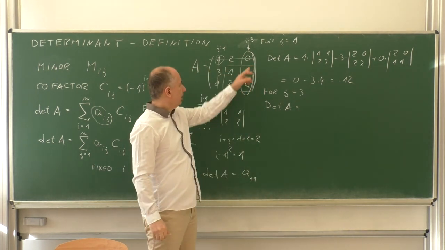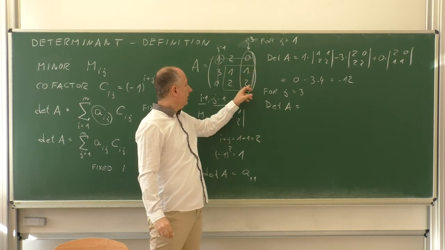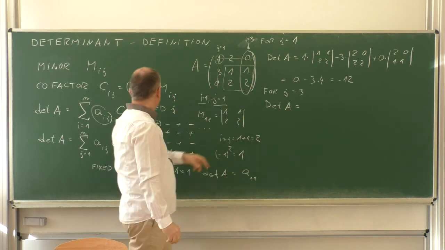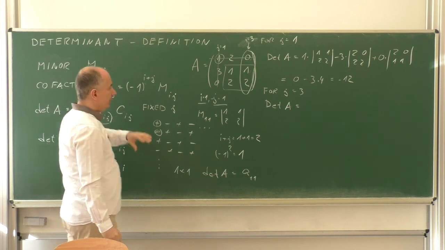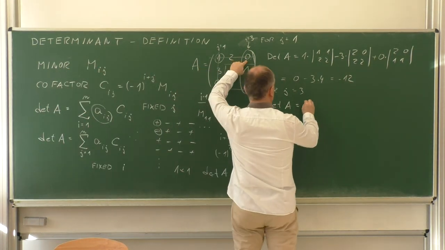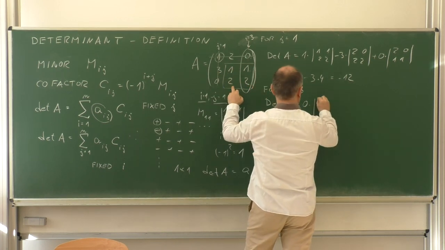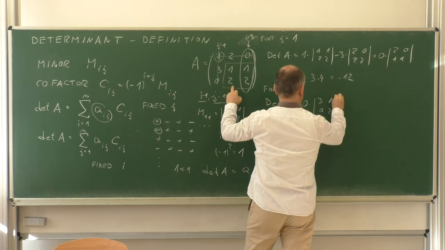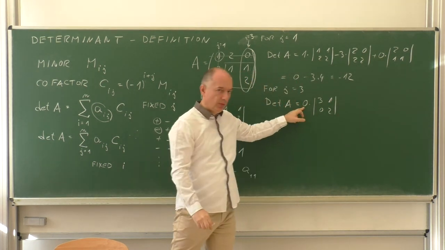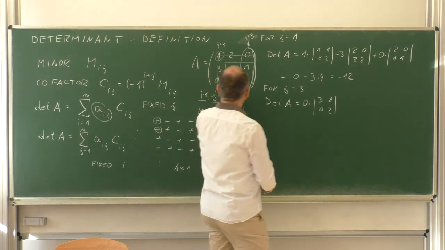So here is the third column. It has these 3 entries, and for each of them we multiply the entry with the cofactor and we sum all these contributions. So we start with 0 times the determinant 3102. Well, this is not important because we multiply by 0, but just to understand how it works.